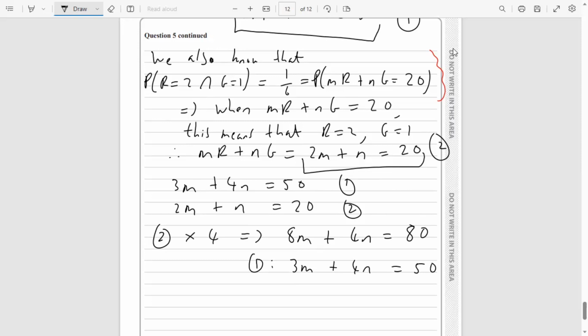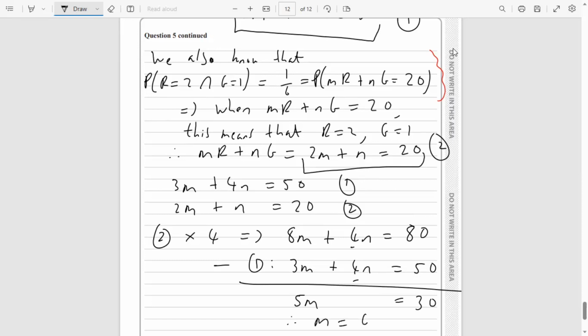So what I just did here is try to make the coefficients of N the same, because now we've got the same coefficients of N there, 4. So if we then do the top one, take away the bottom one, so just put a minus sign here. 8M take away 3M is 5M. 4N take away 4N is 0, and that's equal to 80 take away 50, which is 30. So divide both sides by 5.